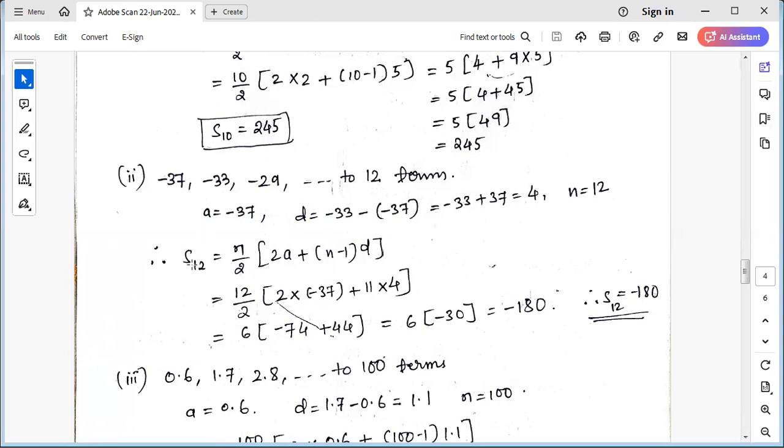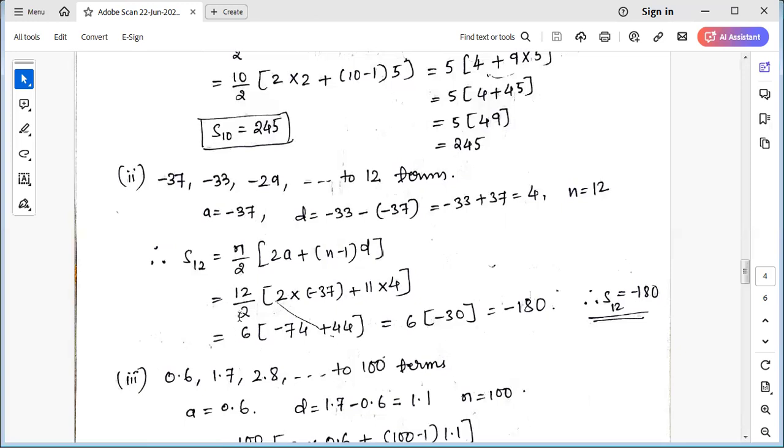Then I get the sum. So the sum is like this. S12 is equal to n by 2 into 2a plus n minus 1 into d. N is 12, so put its value: 12 by 2 into 2a. A is minus 37, so 2 into minus 37 plus n is 12, so 12 minus 1 is 11 into 4.